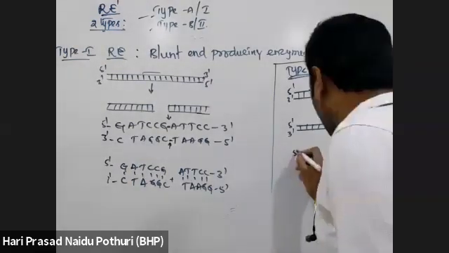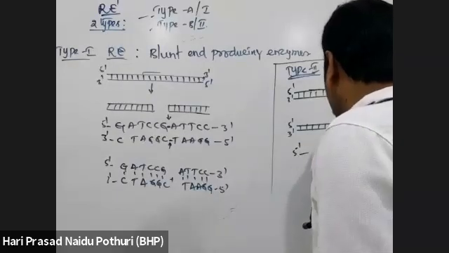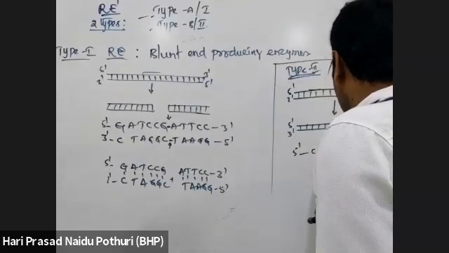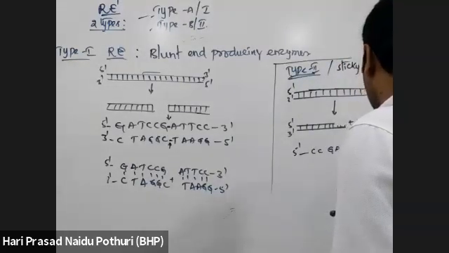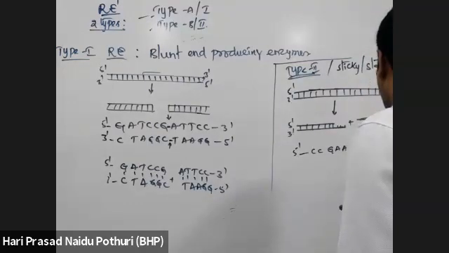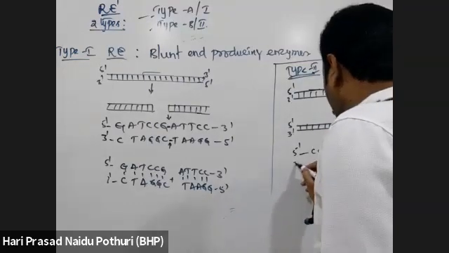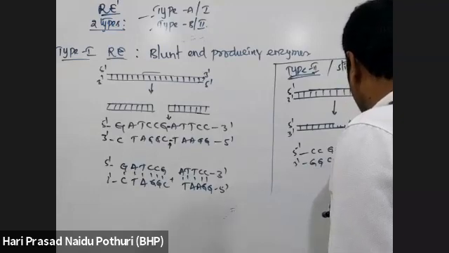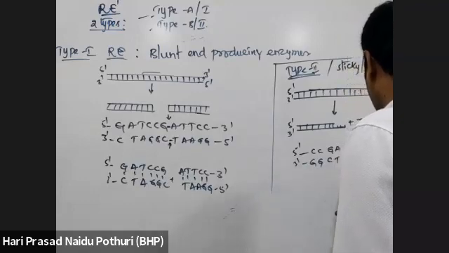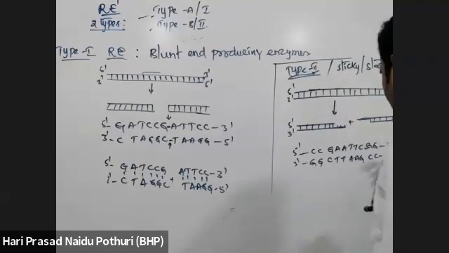Take an example, as we discussed already, there is an enzyme which contains GAATTC. What is that enzyme with the GAATTC restriction sequence? EcoRI. If you take the EcoRI restriction sequence, GAATTC, and CTTAAG in the opposite strand, EcoRI can break DNA here.